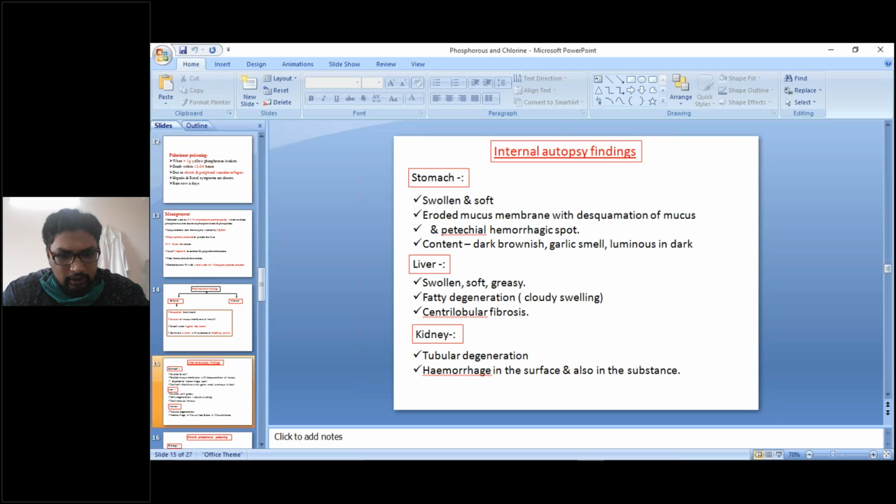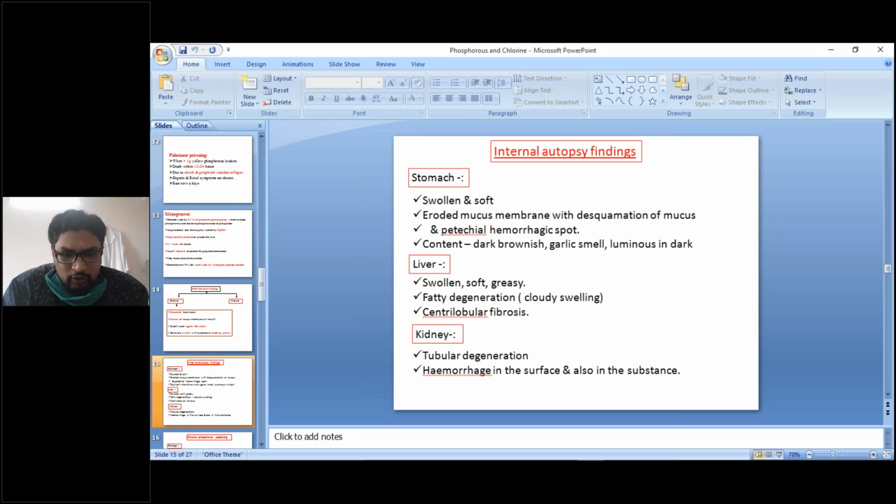The liver shows enlargement, and is swollen, soft and greasy. There is fatty degeneration of the liver. And if the pathologist examines a slide under the microscope, centrilobular fibrosis can be seen, apart from the gross swollen, soft, greasy, fatty degenerated liver. In the kidney, we can see tubular degeneration, and hemorrhages on the surface and within the substance of the kidney.